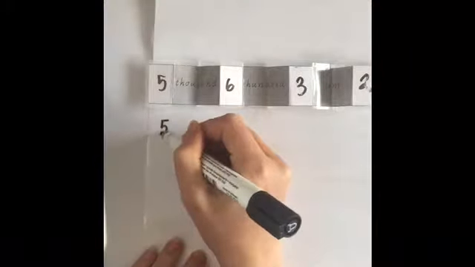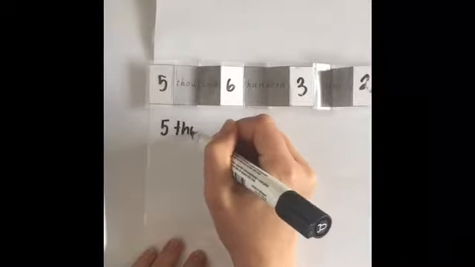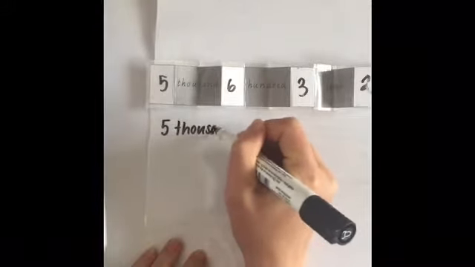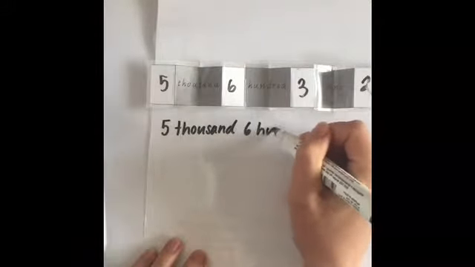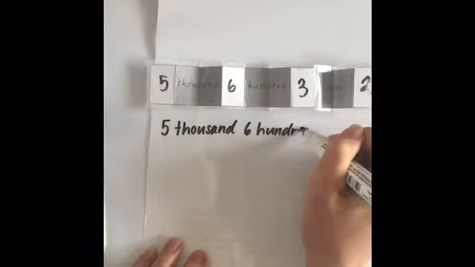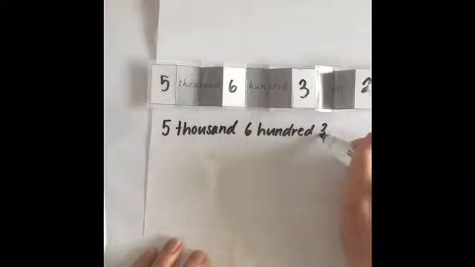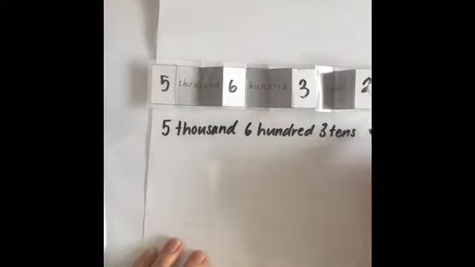So they will write it out, 5,000, writing the whole word, 600, 3 tens, and 2 ones.